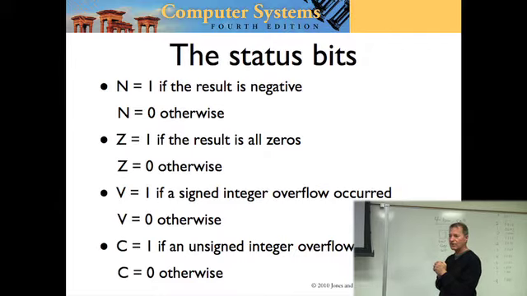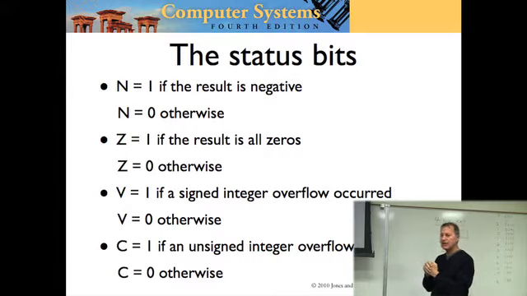V for what? Overflow. Because you wouldn't want to have O, since O looks too much like 0. So C stands for carry, V is overflow, all right?